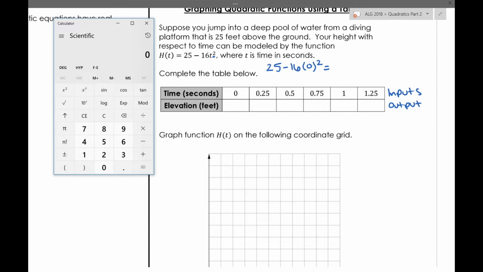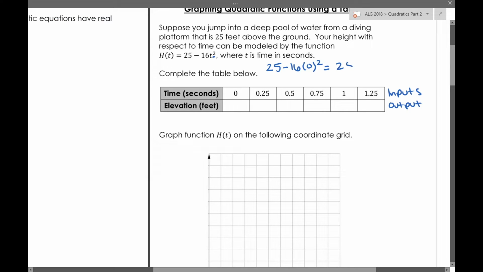So if I pull out my calculator, I'm going to input this exactly how this says, 25 minus 16 times, because remember, if it's parentheses, that means it's going to be times 0 squared. I press equals, and it comes out to 25. And that's true because anything times 0 is 0, and the only number left is 25.